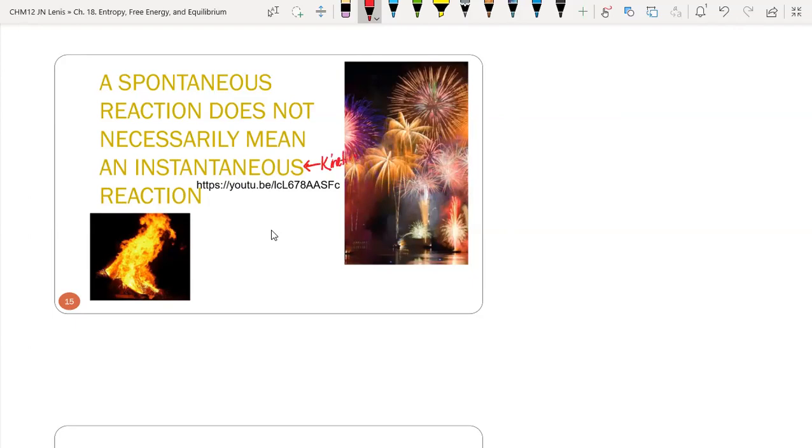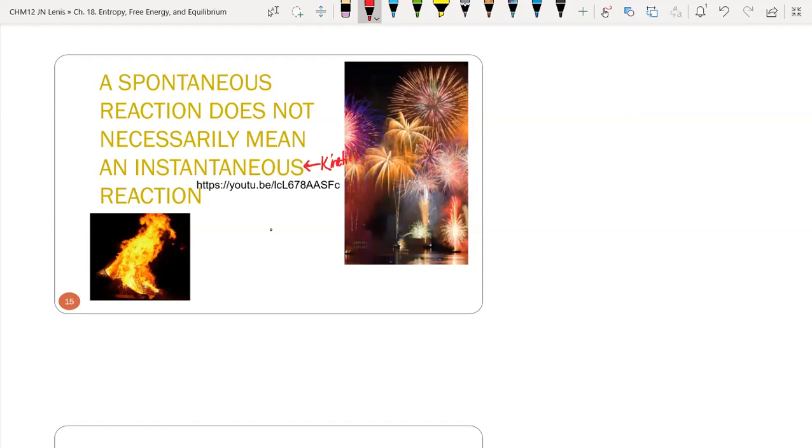Like, for example, the firework is very fast. That is the result of a very fast chemical reaction, which is an oxidation of certain metals and metal oxides in the presence of oxygen.